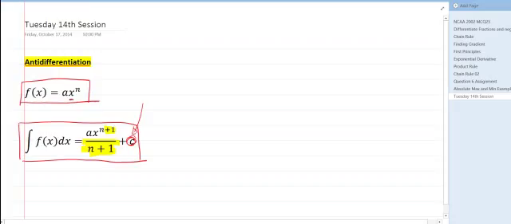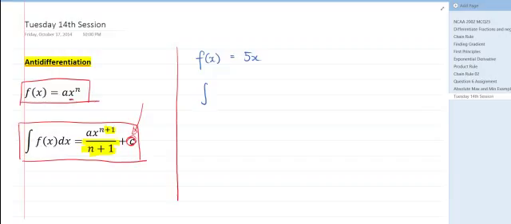Okay? Well, let's do a few examples right now, just so you get a feel of how to anti-differentiate, for those who weren't here on Tuesday and haven't revised yet. So let's say I give you a problem where f of x equals, let's say, 5x. So I want to antidiff now. This is the symbol for antidiff, which is really a sigma, which you don't really need to know.